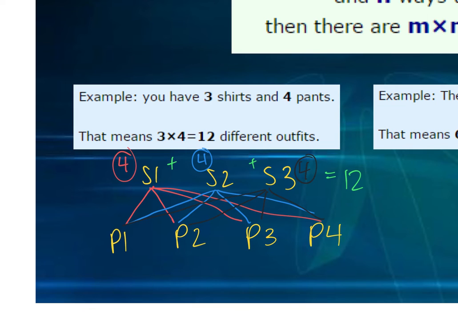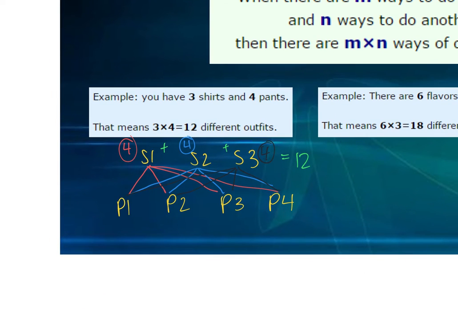Do you guys see how that works? You're taking the number of possibilities from one event, and you're multiplying it by the number of possibilities in the other event, okay? So there were 3 different shirts and 4 different pants, so we have 3 times 4 possibilities.